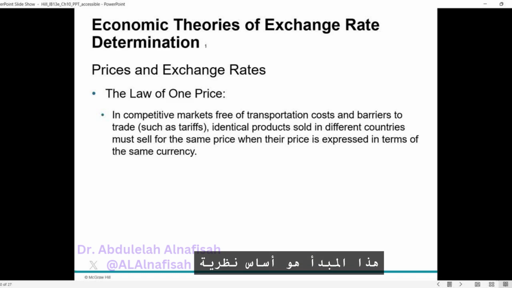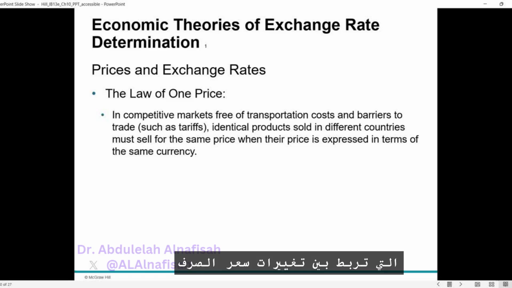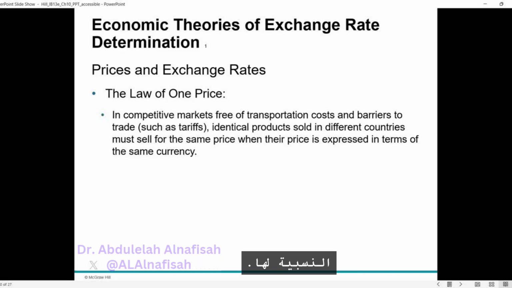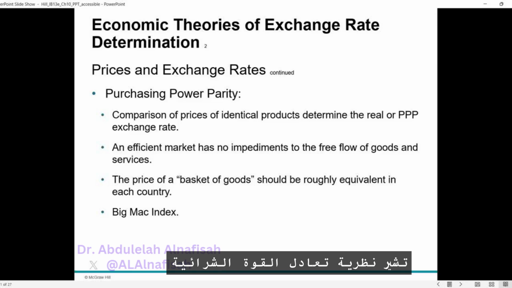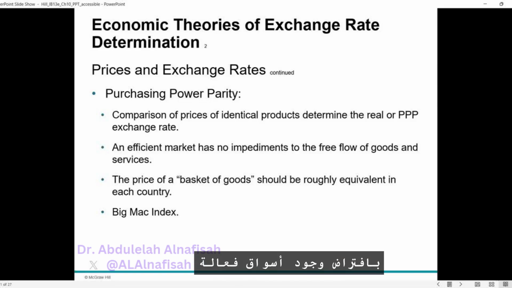This principle is a foundation of purchasing power parity, PPP, which links exchange rate changes between countries to their relative price levels. The PPP theory suggests that exchange rates will adjust to equalize the prices of a basket of goods across different countries, assuming efficient markets and minimal trade barriers.